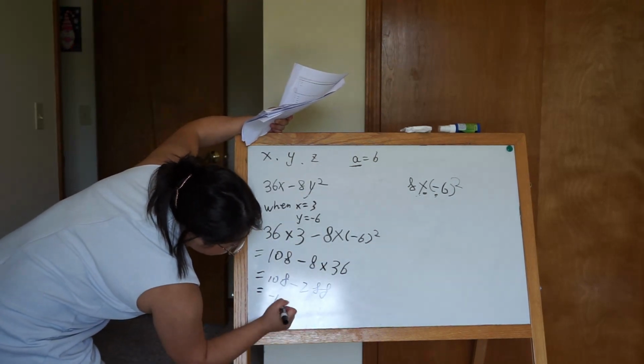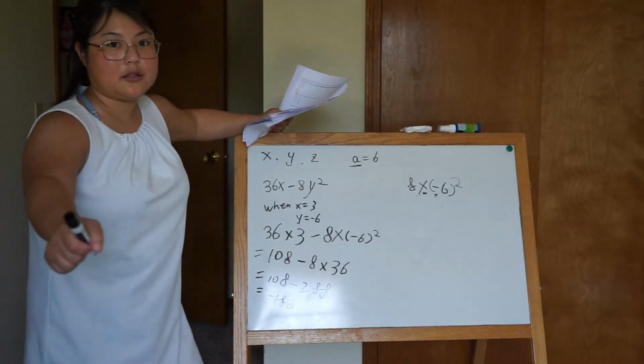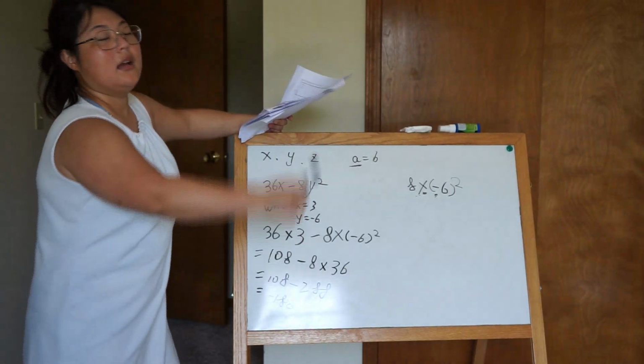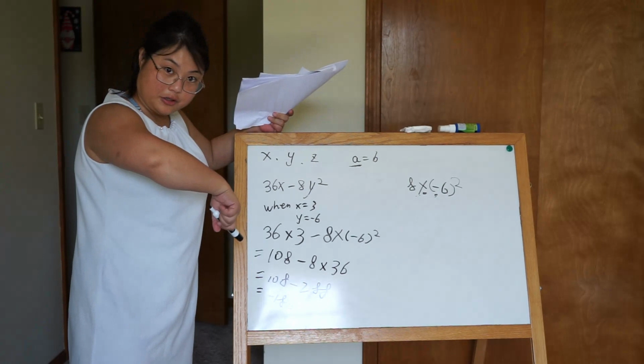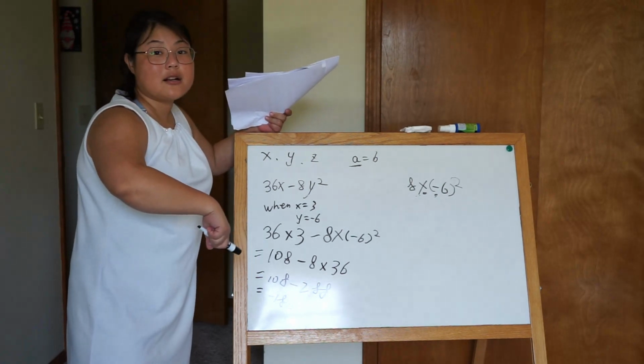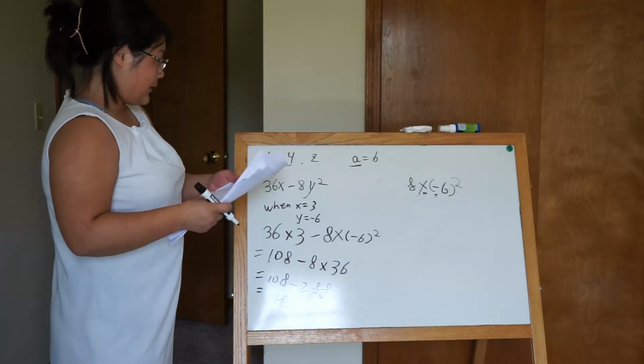Minus 180. So all of these calculations, you are able to use a calculator because it will offer you a calculator in your exams at part 2. Part 1 you don't need it because it's too basic. Alright, so this is question 2.